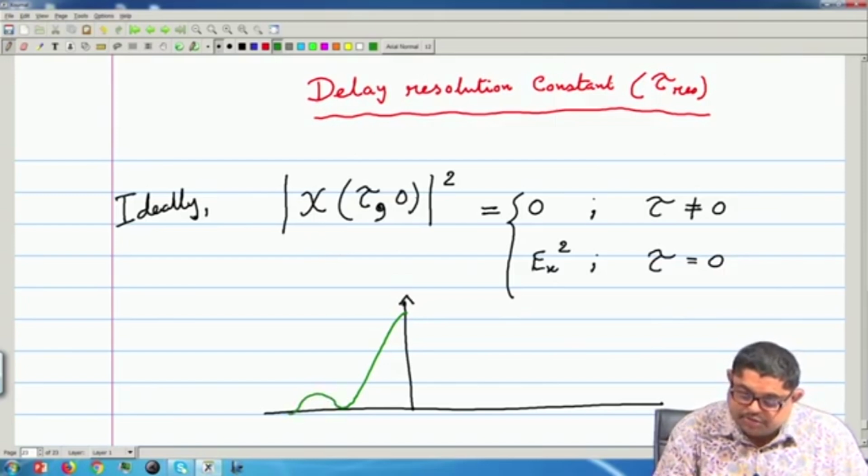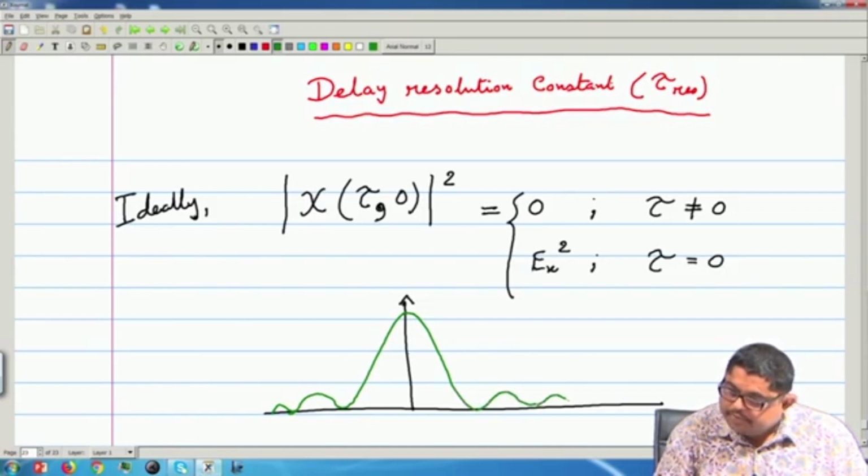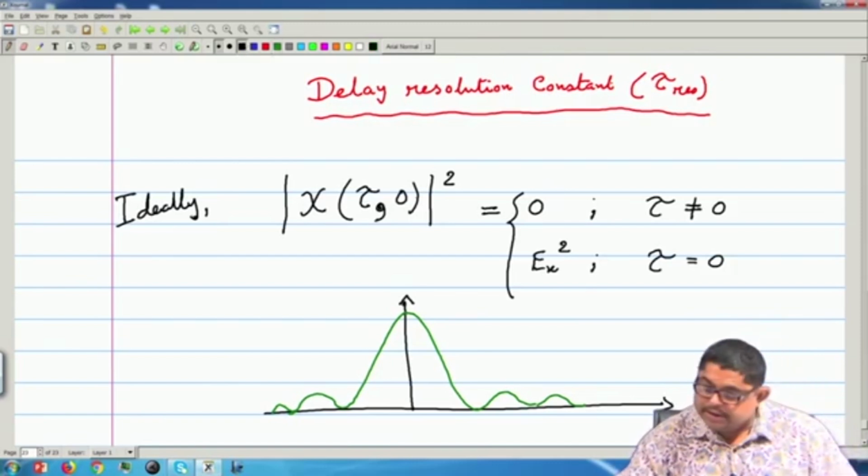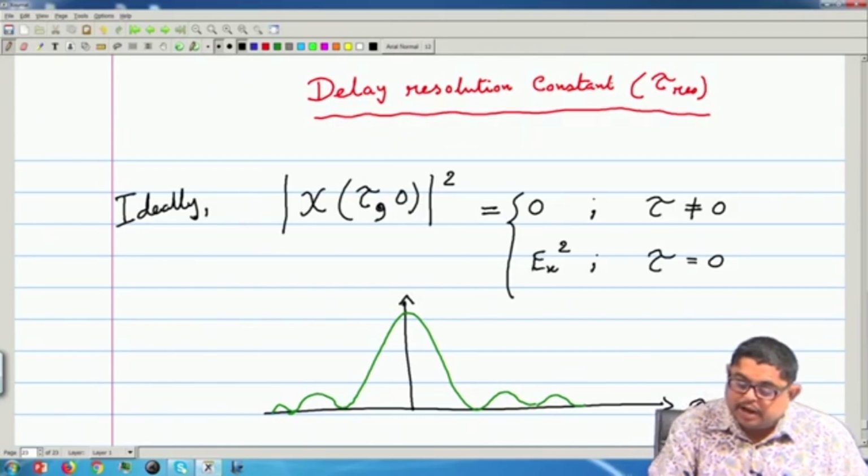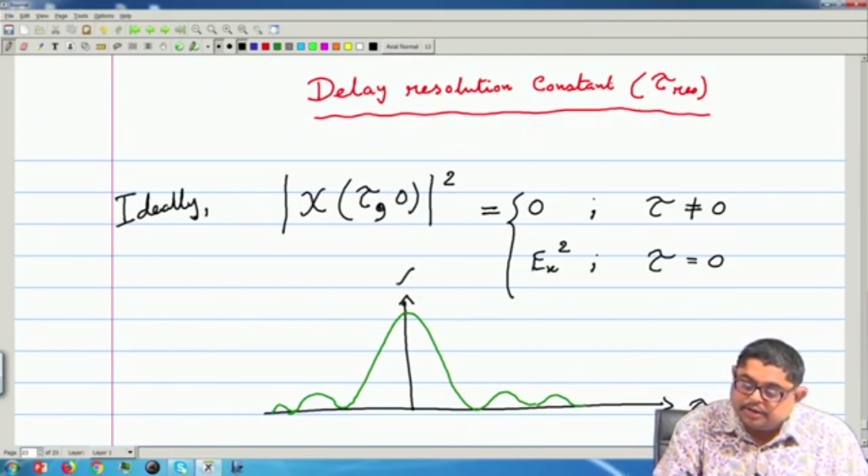Since it is magnitude square, it will always be positive, but something like this. So, in this I am putting tau, and this is my |chi(tau, 0)|^2.